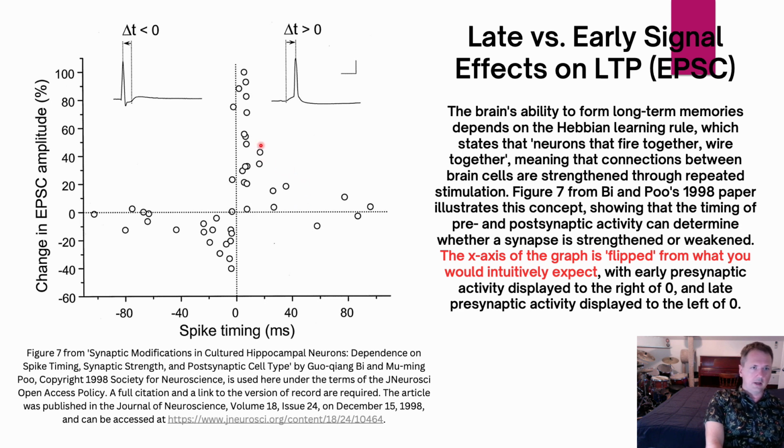So if they get there just a little bit before the action potential fires, then the second-degree neuron wants to reward that behavior by upregulating the AMPA receptors in the connections with those neurons. And if it's late to the party, it wants to punish that behavior by downregulating. And what's confusing here too is that the past is represented out to the right, and the future is represented out to the left. Kind of counterintuitive.